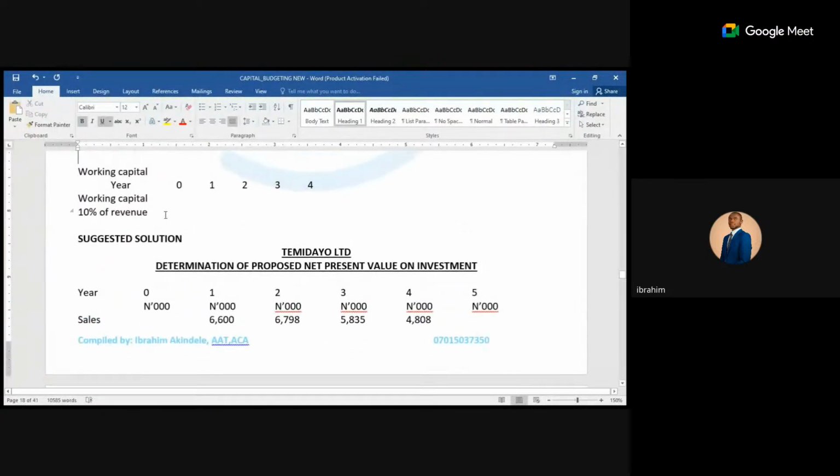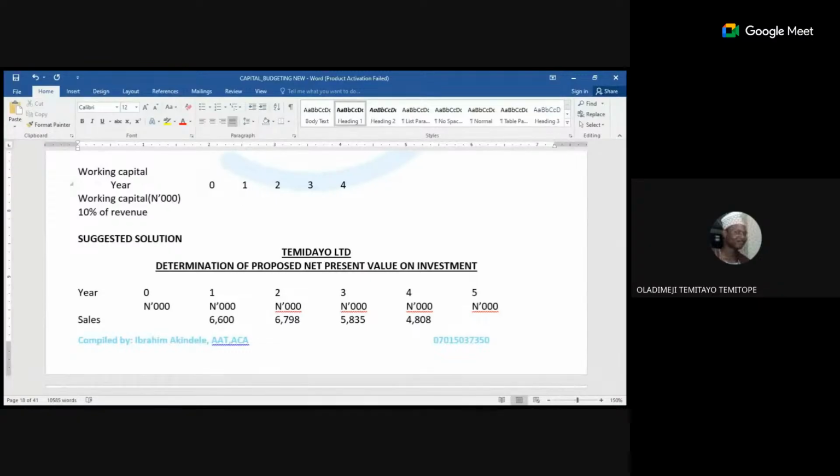10% of year one, 10% of 6,000. Just hold on, sorry. So what do we have here? Year 0 is 0.